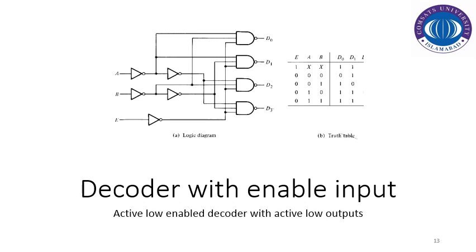If you see this particular circuit and this table, we have a 2 to 4 line decoder with an enable input represented by E, where A and B are the inputs, and D naught, D1, D2 and D3 are our outputs.